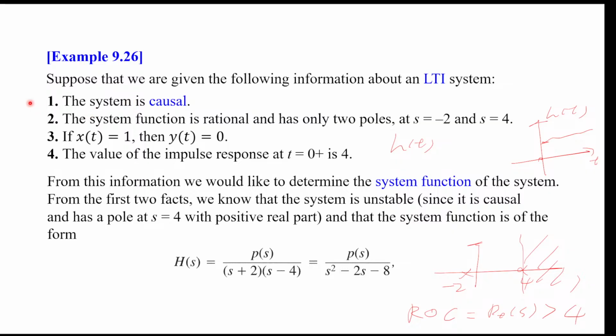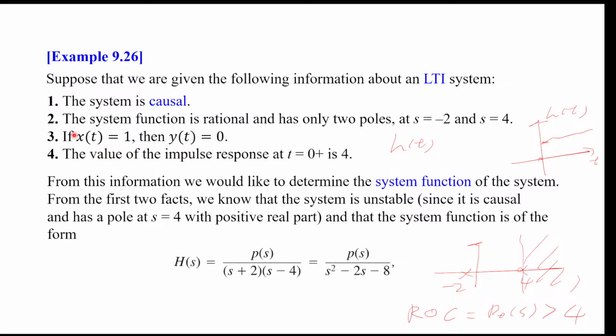The first one is the system is causal, and the second one says the system is rational and only has two poles. So I already told you the poles at -2 and 4. From the system being rational and causal, we already know that we can determine where the ROC is. Then we have this kind of weird condition. This is an input-output pair.